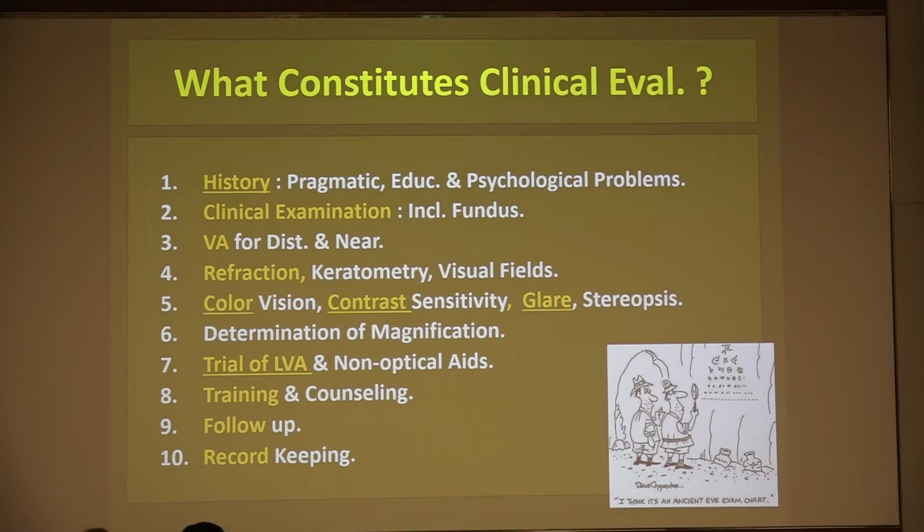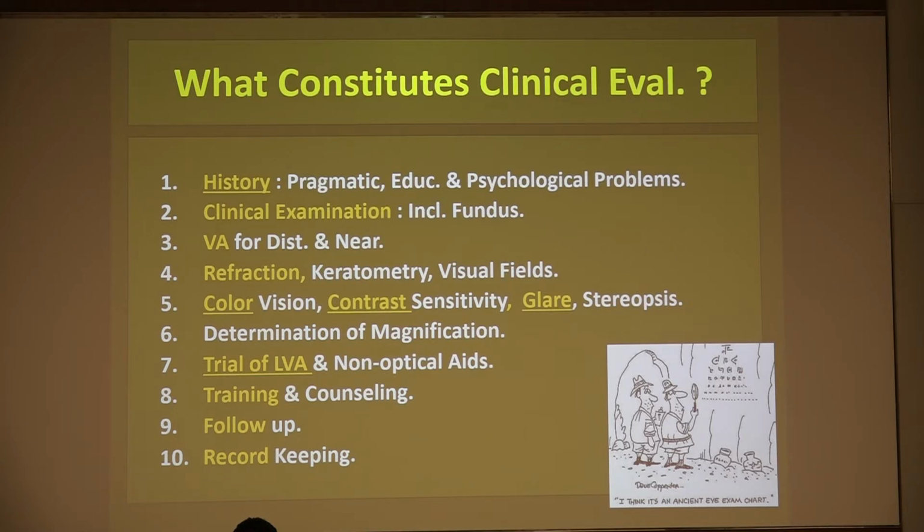This is more important. So we have to ask about other factors also, like whether he is able to read normal newspaper print or large print, what the reading speed is, and whether they feel fatigue when reading for longer periods. This has to be taken care of.